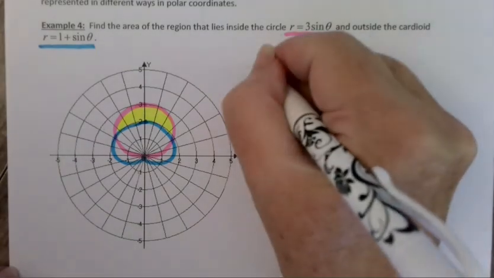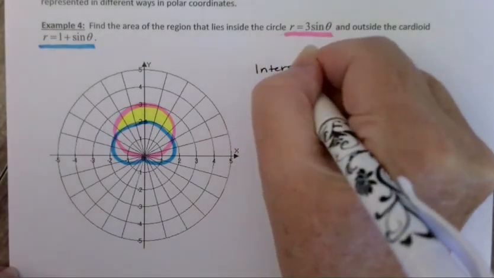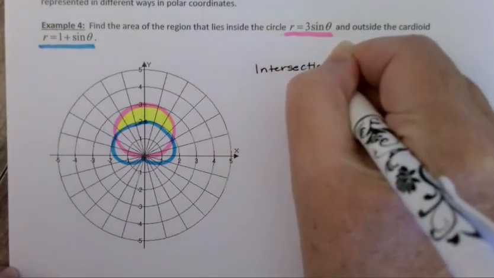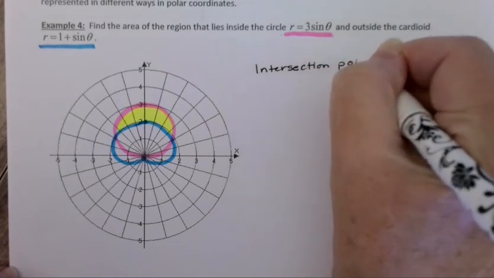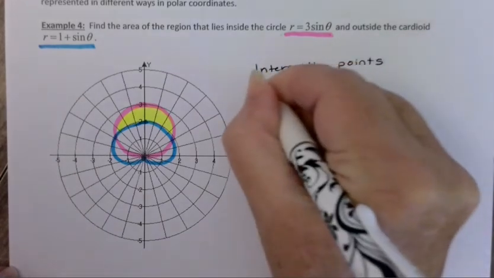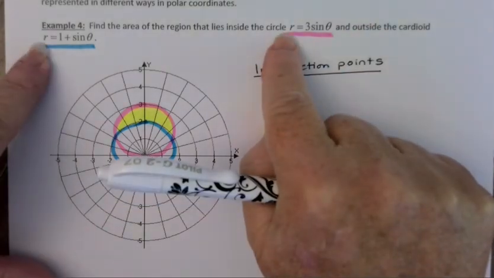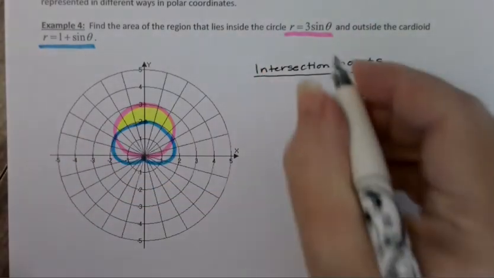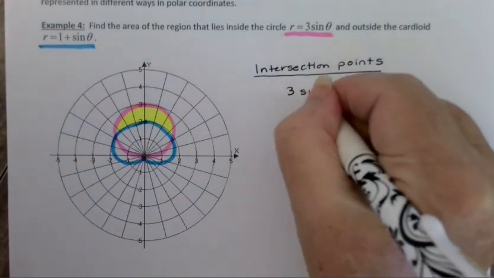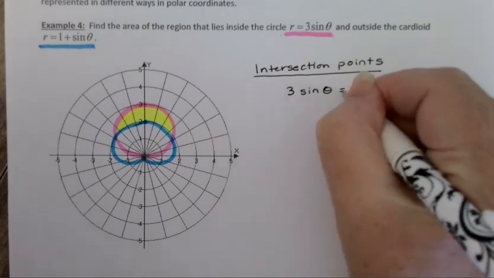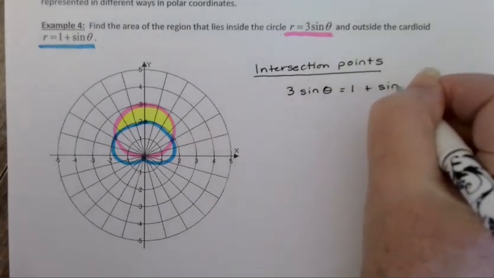So here we go. I want the intersection points. Like anything else, to find intersection points, if I have two expressions for r, I just set them equal to one another. So 3 sine theta equals 1 plus sine theta.